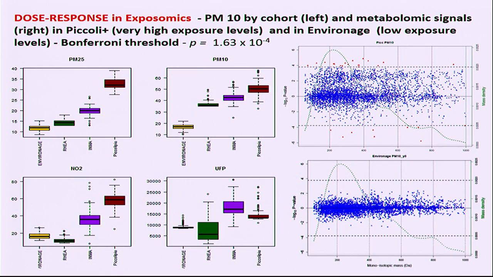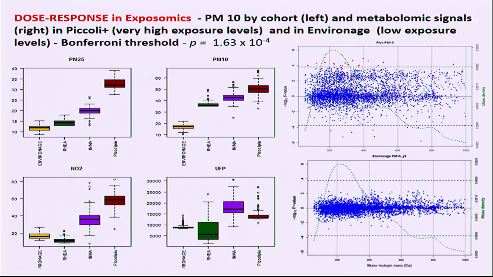And this slide just shows that we are able to identify statistically significant metabolomic signals in Turin and not in Environage in Belgium, well, except, no, none of them.